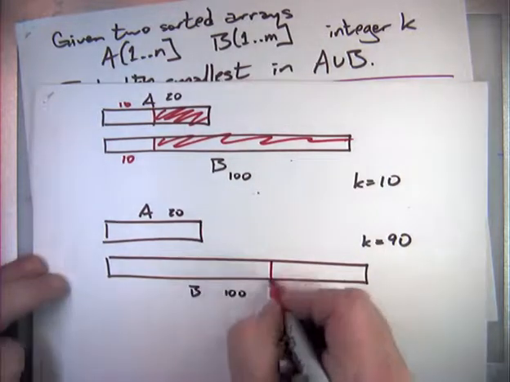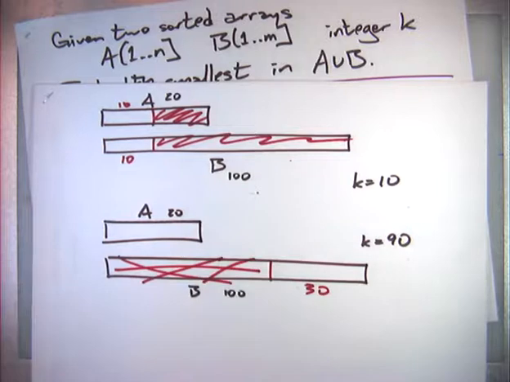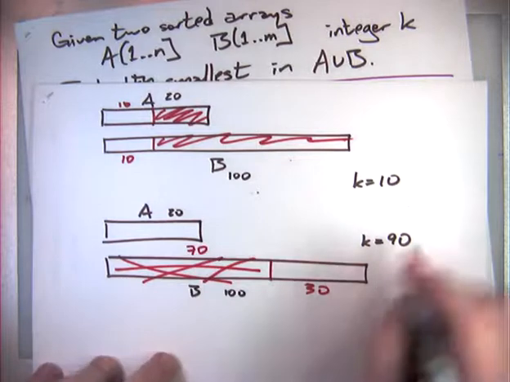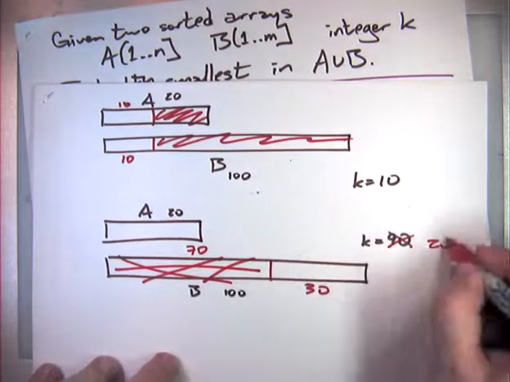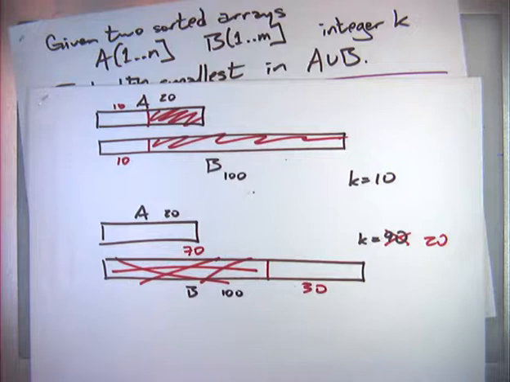I can keep these 30 things, but I can already throw out most of B. Now, I'm going to throw out 70 things here, which means when I recurse, I'm actually looking for 20 things. The 20th largest thing, and now it looks more like I'm in the first case again.